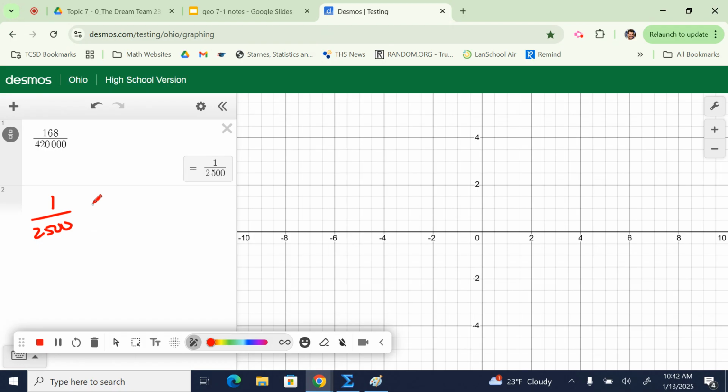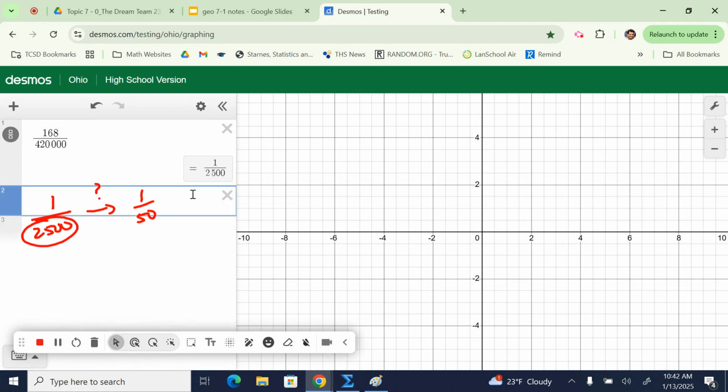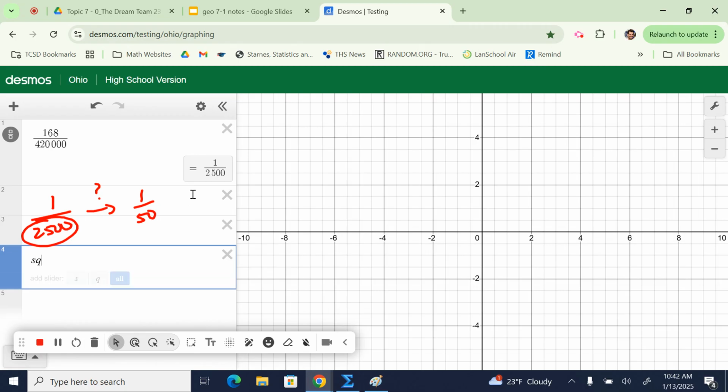Now, the question is, how does that compare to the scale factor, which was 1 over 50? Well, look at this number, 2,500. That looks awfully close to 50. Let's take the square root of 2,500. You can use the button too.